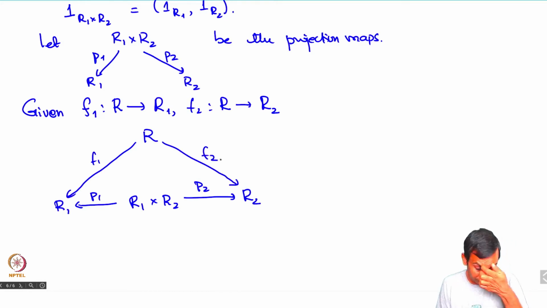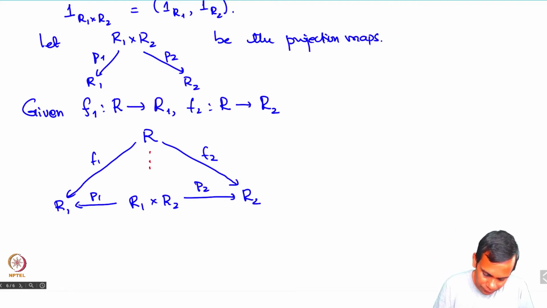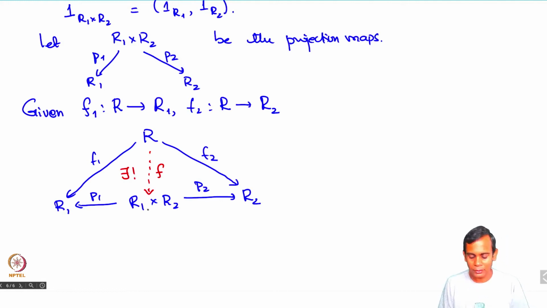So now this R1 cross R2 is a set theoretic product. So because it's a set theoretic product, we know that there exists a unique function, not yet a ring homomorphism, a function. There exists a unique function f from R to R1 cross R2, which makes this diagram commute.